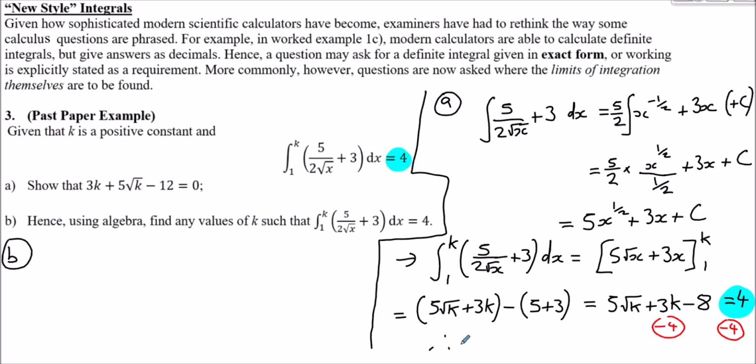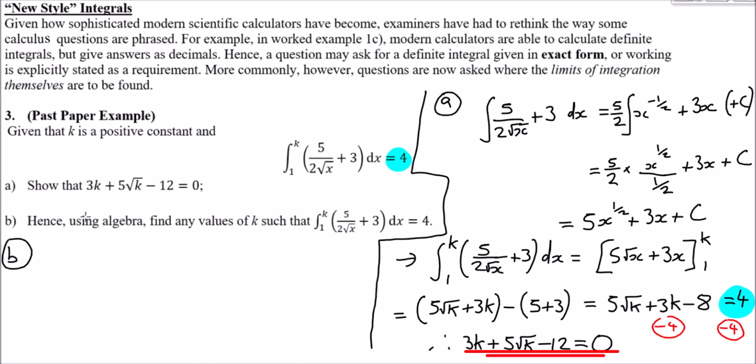So I've got 3k, then plus 5 lots of root k, minus 8 minus another 4 gives minus 12, then equals 0 as required. So we've shown that it holds true. We've used standard results and shown working to arrive at what the examiner wanted us to prove. So that's fine. Part A is actually the hardest part. Part B is slightly easier.